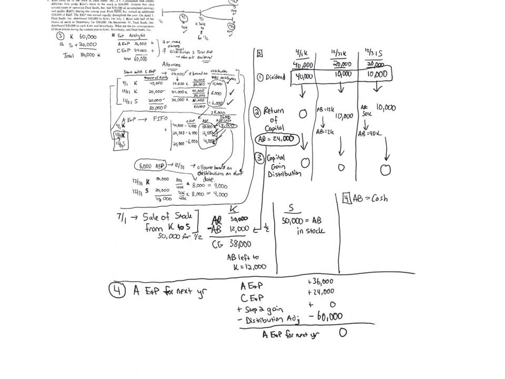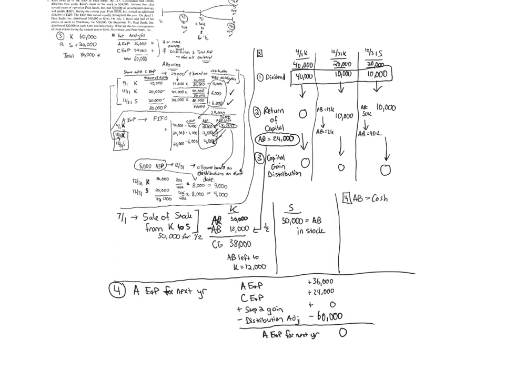And the way you would post it on the exam, you would ask a specific part. So I might ask you how much dividend does Kiwi have, which is $50,000, right? 40,000 plus 10,000, $50,000. That might be what I ask.